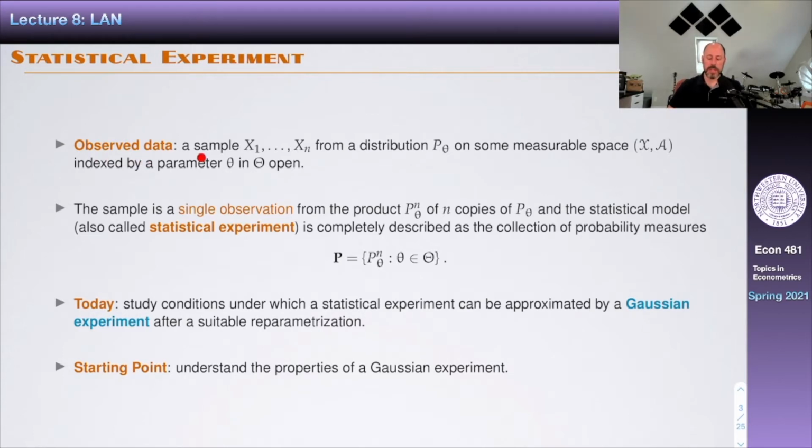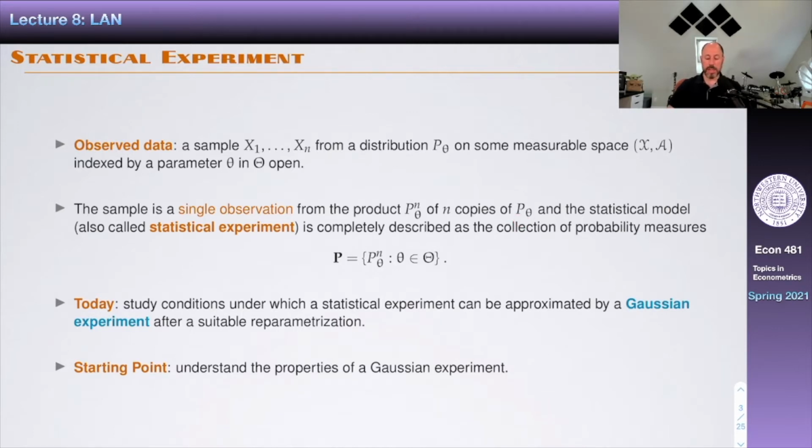The observed data is just going to be a sample x1 through xn from a distribution P_theta on some measurable space (X, script A). The distributions are going to be indexed by a parameter theta. The sample, you can view it as a single observation from the product measure P_theta^n, which in the case of IID data is just n copies of P_theta.